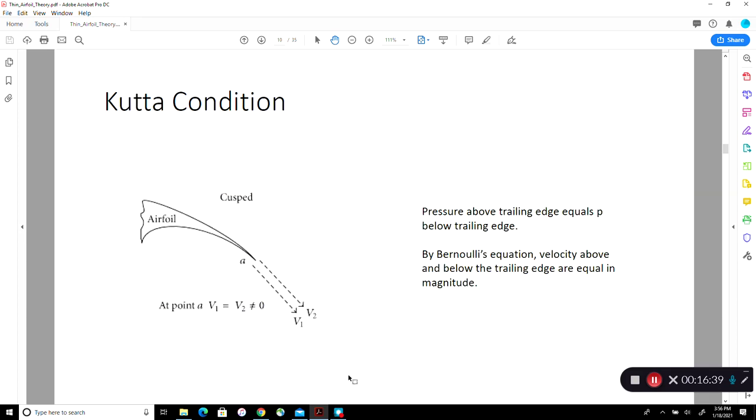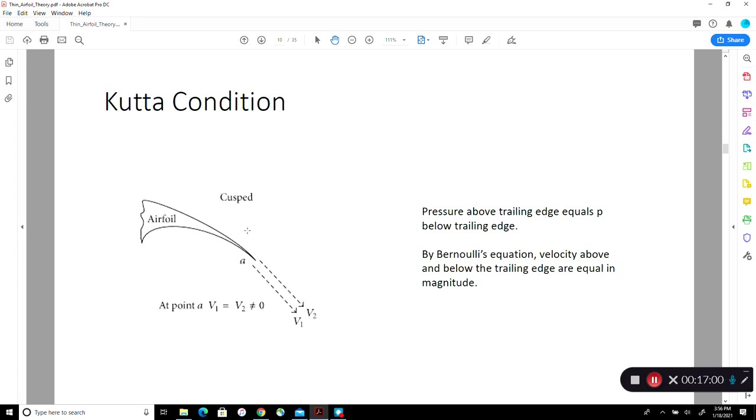So this is a mathematical picture of it. V1 equal to V2. It's not necessarily equal to 0. What would happen if the trailing edge had a finite angle? That means it had a finite included angle. Then the upper surface velocity will be coming one way, and the lower surface will be coming the other way.